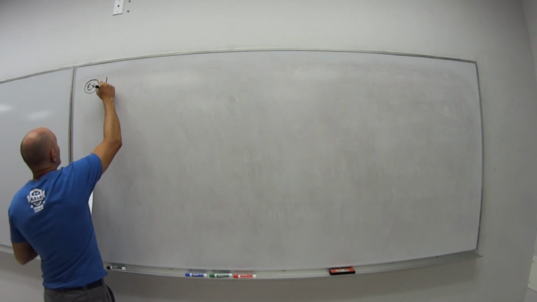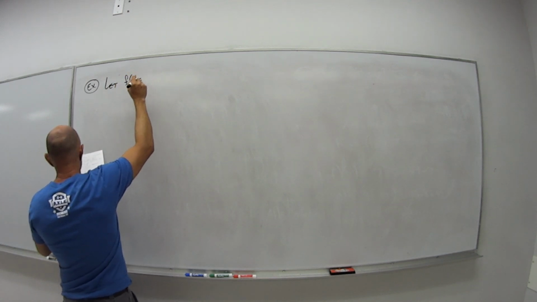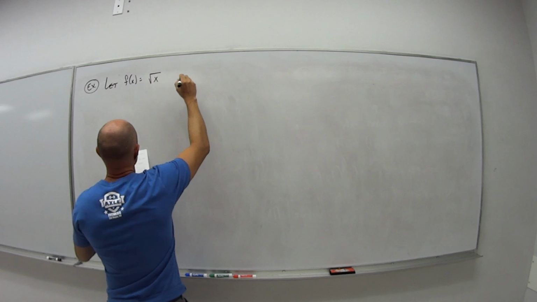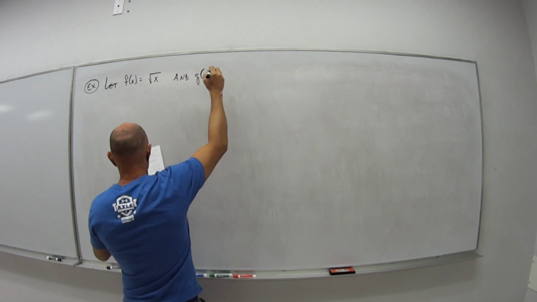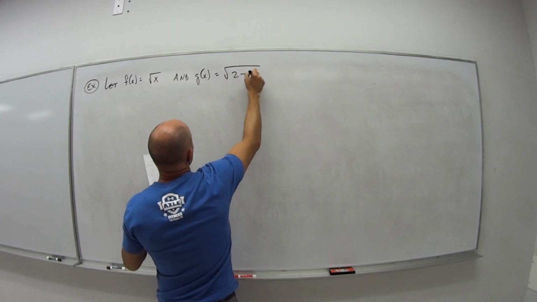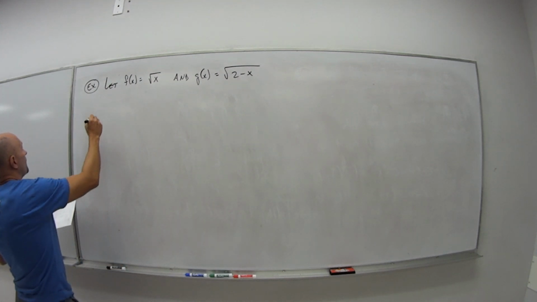So we want to let f of x equal the square root of x, and g of x is the square root of 2 minus x. We want to find the following.